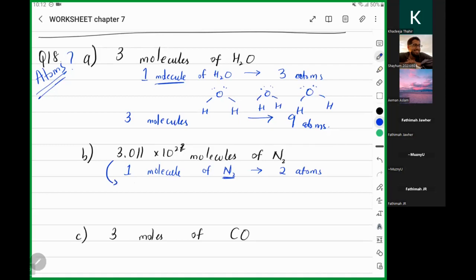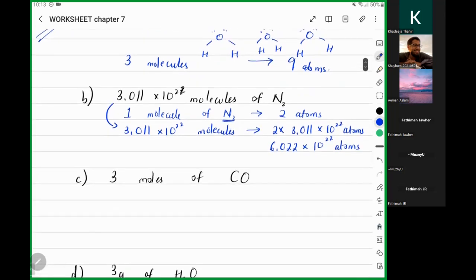So 3.011 into 10 to the power 22 molecules will have twice of that. 2 into 3.011 into 10 to the power 22 atoms, which will be 6.022 into 10 to the power 22 atoms. Just leave it as atoms because we want to compare atoms.